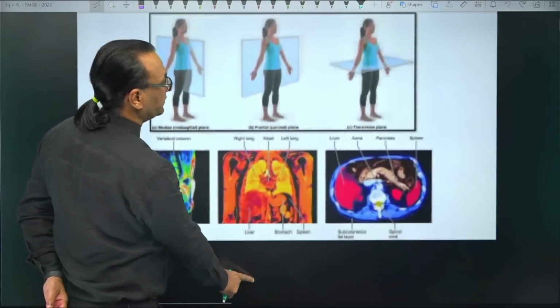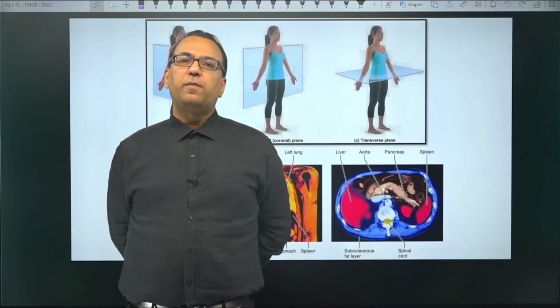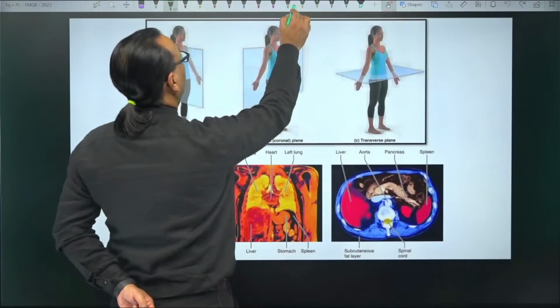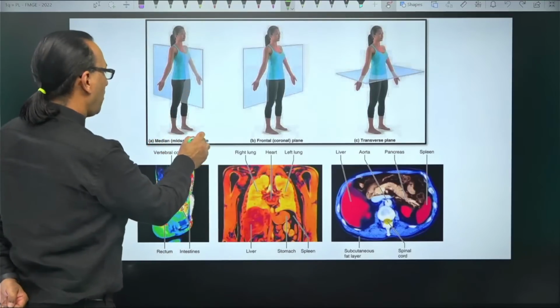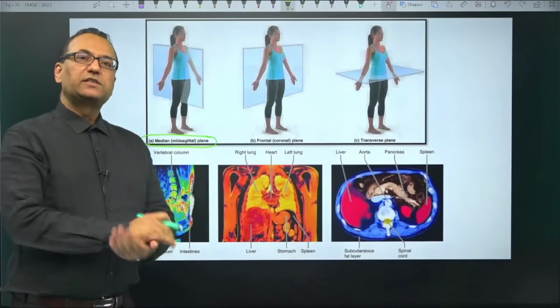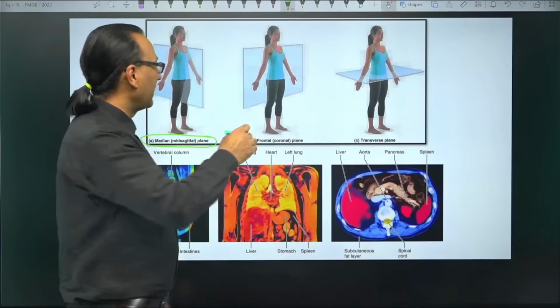And as you see, in anatomy, there will be certain planes we talk about. Say for example, when we first are looking at this particular plane, it is the median or mid-sagittal plane. Sagittal means you have to take the section anterior to posterior, as is evident here.